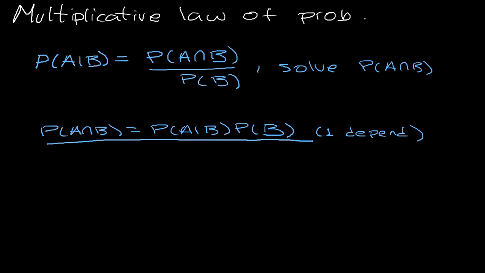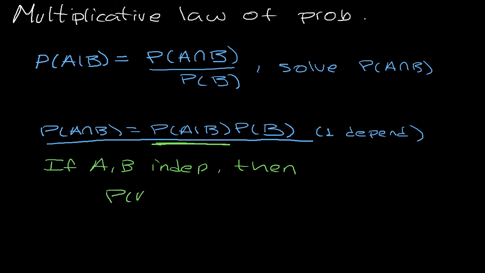So what happens if A and B are independent? Well, if A and B are independent, then this should happen. Let's focus on this term. Then the conditional probability is just this.